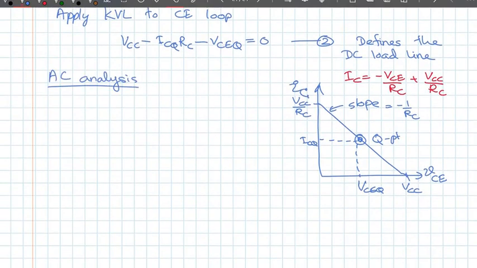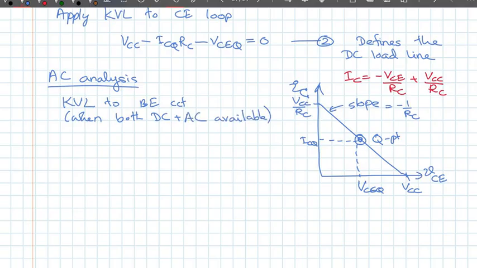So for the AC conditions, again we apply Kirchhoff's voltage law to the base emitter circuit. This is when both DC plus AC are available.